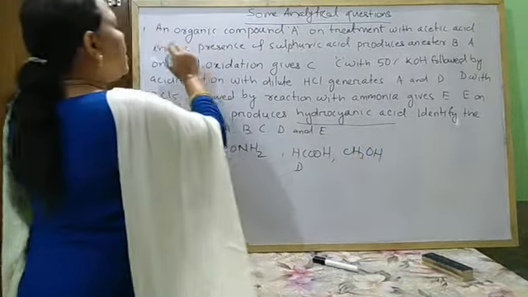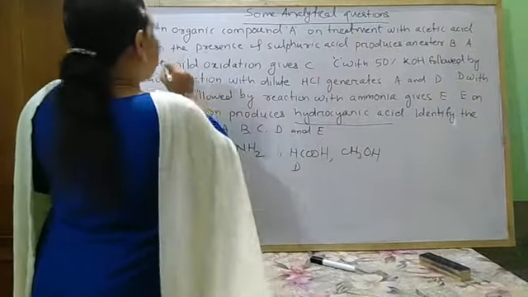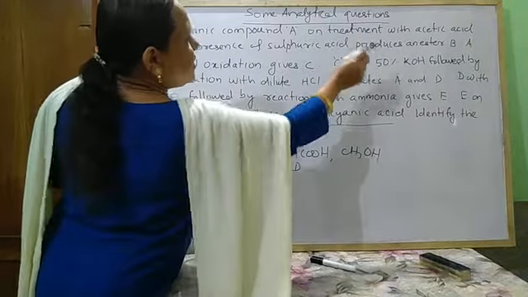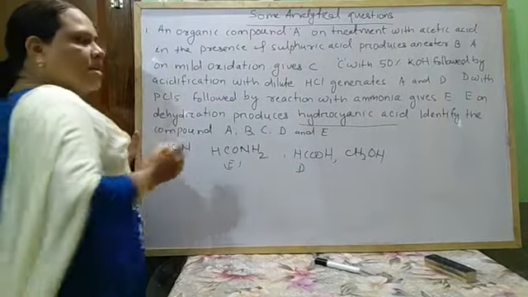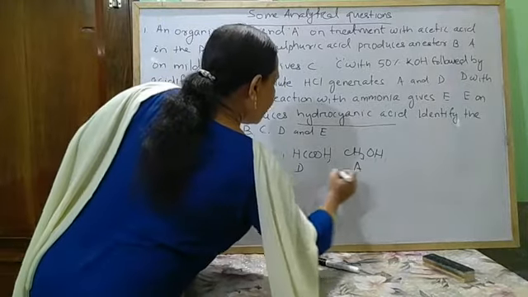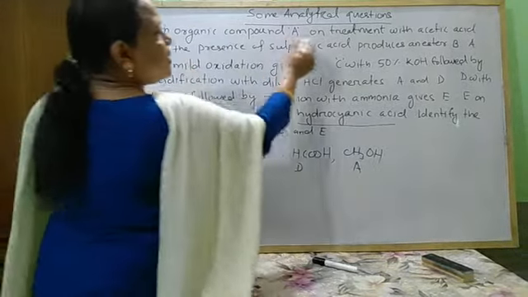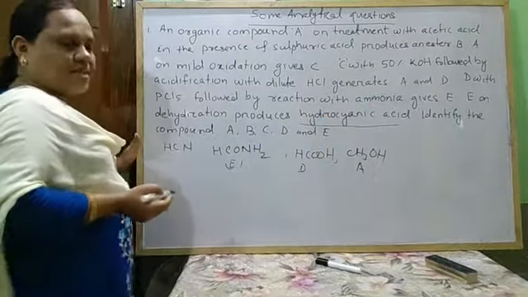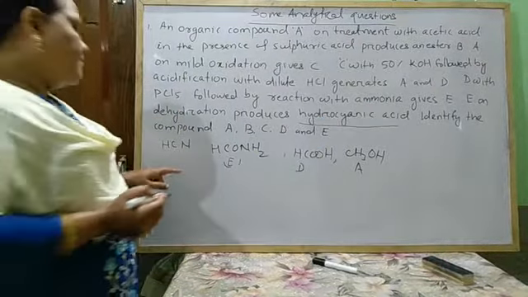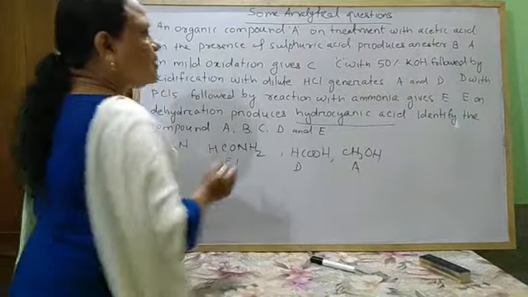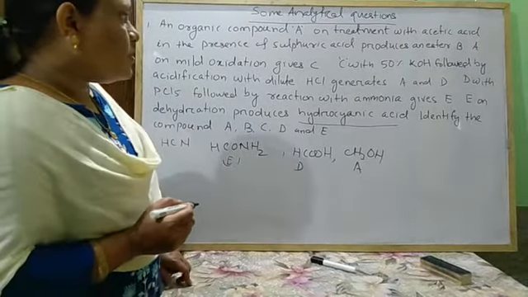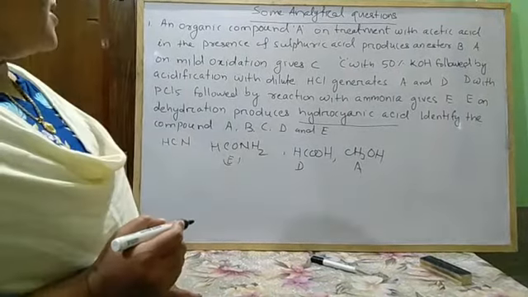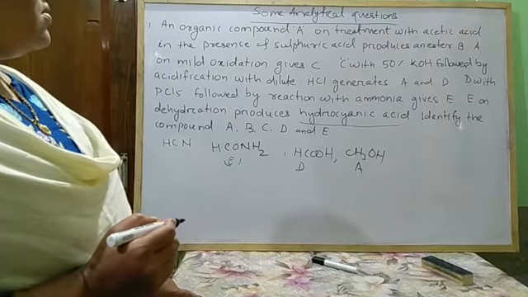And an organic compound on treatment with acetic acid in presence of sulfuric acid produces an ester. So as A is methyl alcohol, this is E, this is D, this is A. So it produces an ester, B.